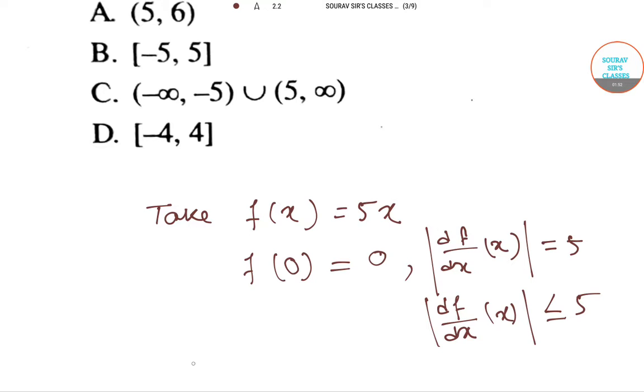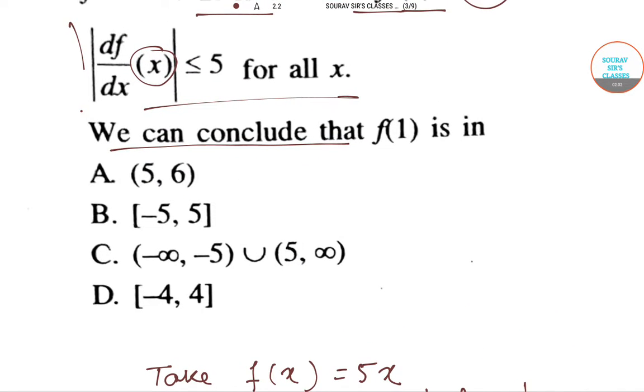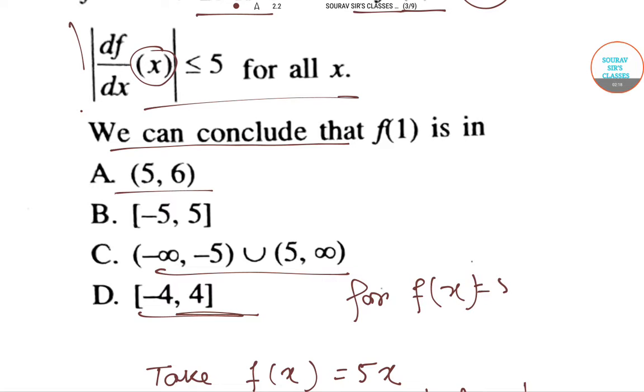Now f(1) equals 5, hence options A, C and D are incorrect for f(x) equals 5x. These cannot be the answer, so the answer will be option B, that is -5 and 5.